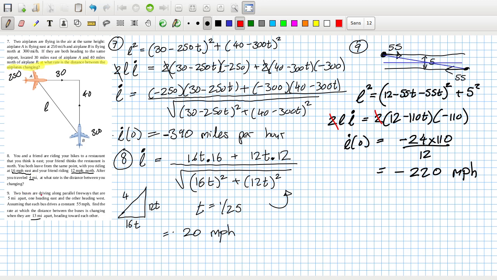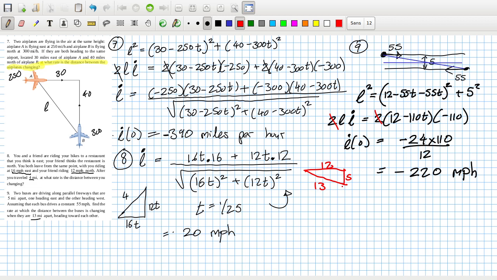Two buses are driving along parallel freeways that are 5 miles apart. One heading east and the other heading west. Assume that each is driving at 55. Find the rate at which the distance between the buses is changing when they're 13 miles apart, taking the 13 as a diagonal. So 13, 5, 12.